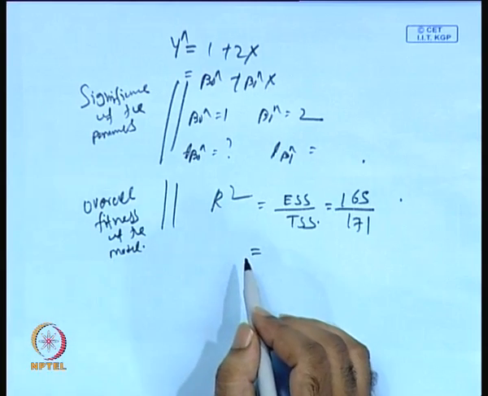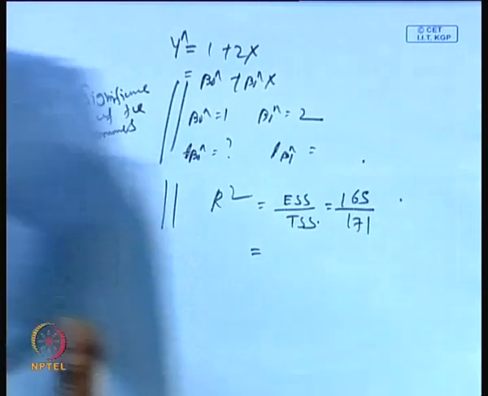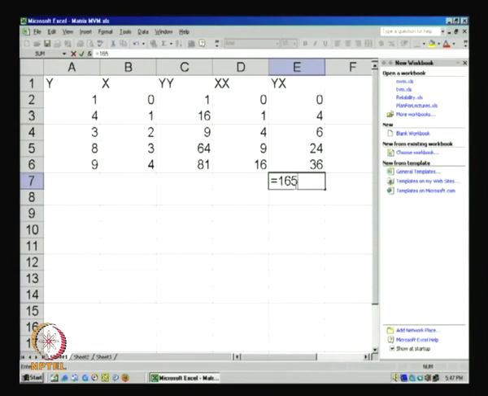So if you put it here, the calculation will be like this: 165 divided by 171. This will come to 0.965.